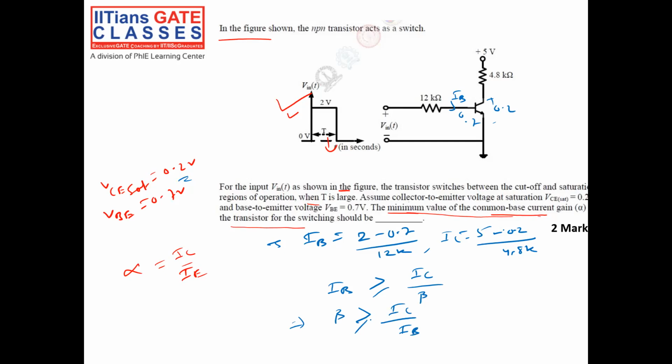This implies IC is 5 minus 0.2, which is 4.8, divided by 4.8K. IB is nothing but 2 minus 0.7, which is 1.3, divided by 12K.